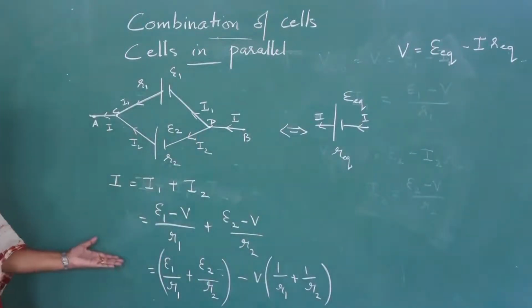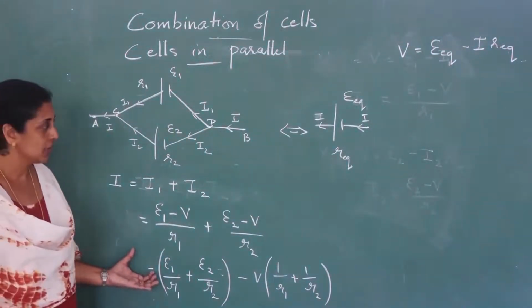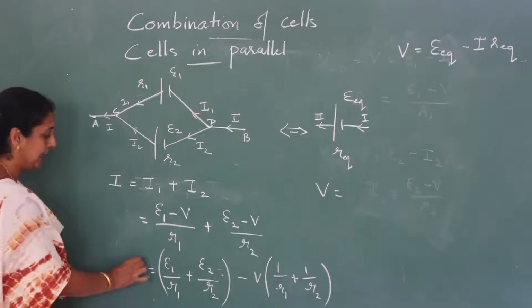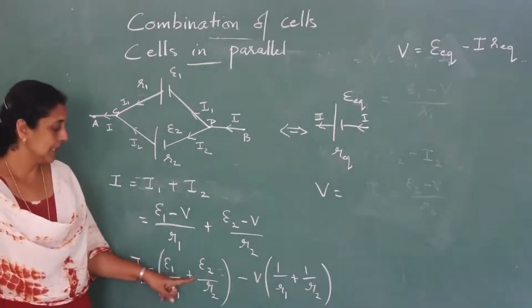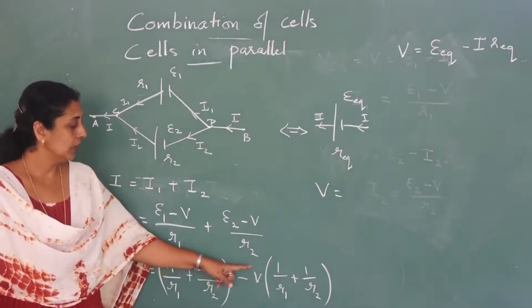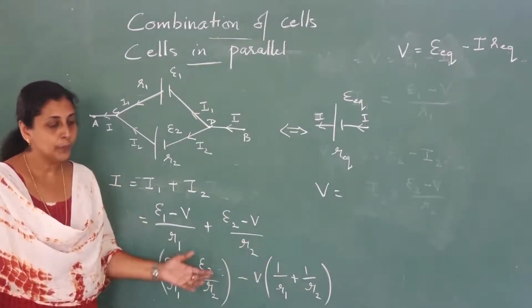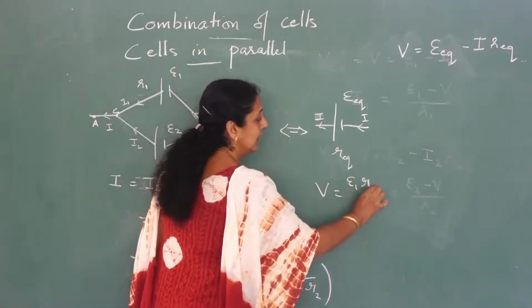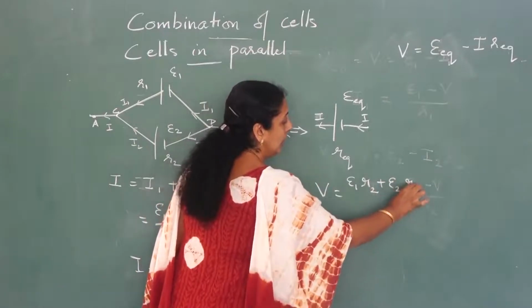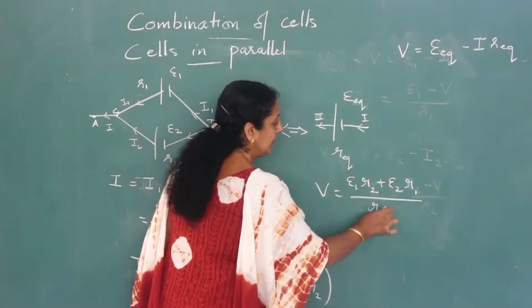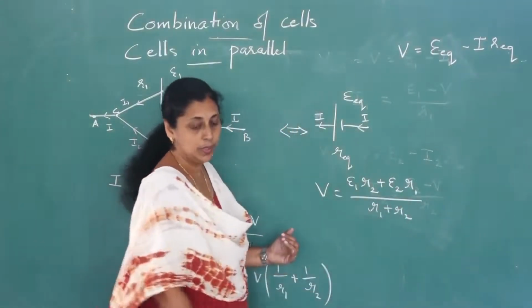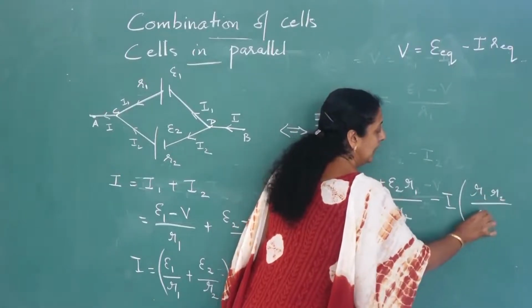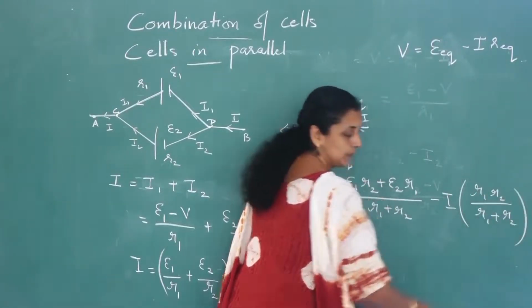From the previous relation for I, we can see that, rearranging the equation I is equal to E1 by R1 plus E2 by R2 minus V into (1 by R1 plus 1 by R2), I will get V is equal to (E1 R2 plus E2 R1) by (R1 plus R2) minus I into R1 R2 by (R1 plus R2).